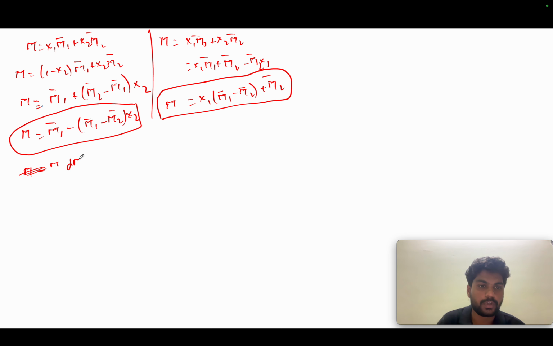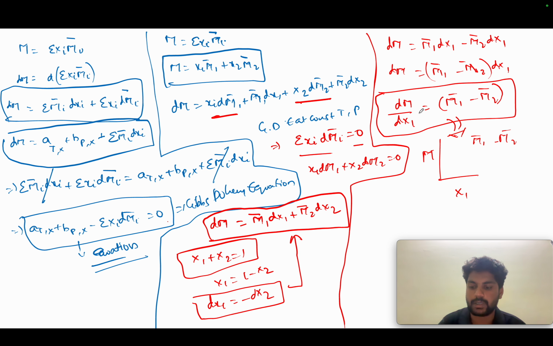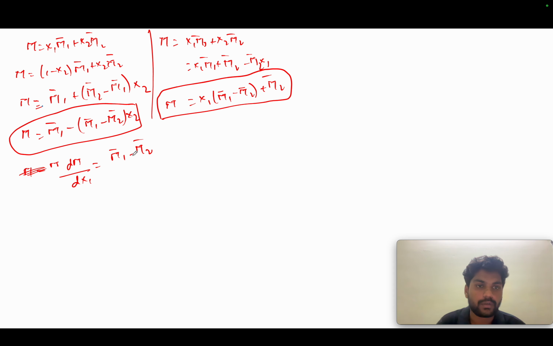so we all know that dm by dx1 equals to, so you proved here, right? This I'm keeping here. So now this is nothing but, if I write, then this will become m equal to m bar minus, and same thing here.